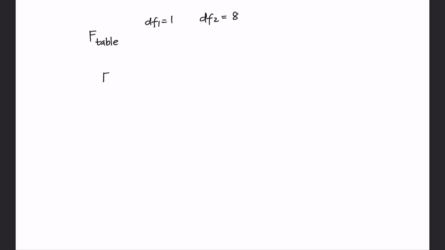When you don't see a particular alpha value in the question, just use 0.05 or 5%, which is the most common one. So we have alpha equal to 0.05, 1 and 8.